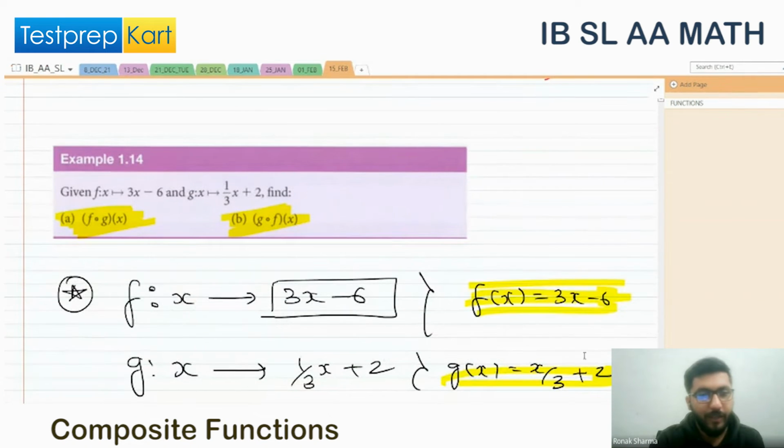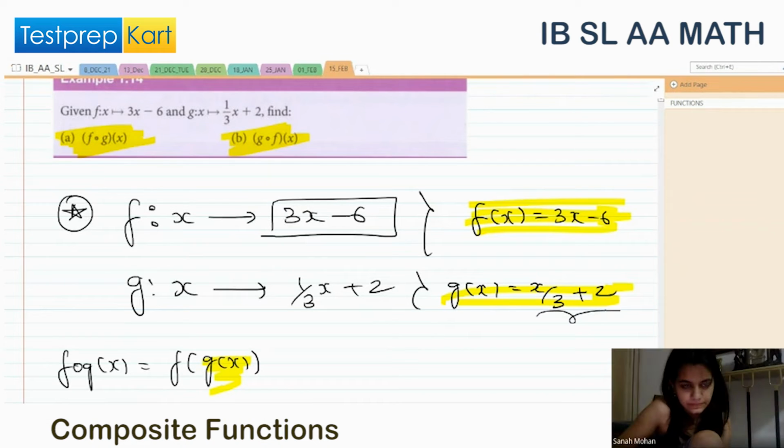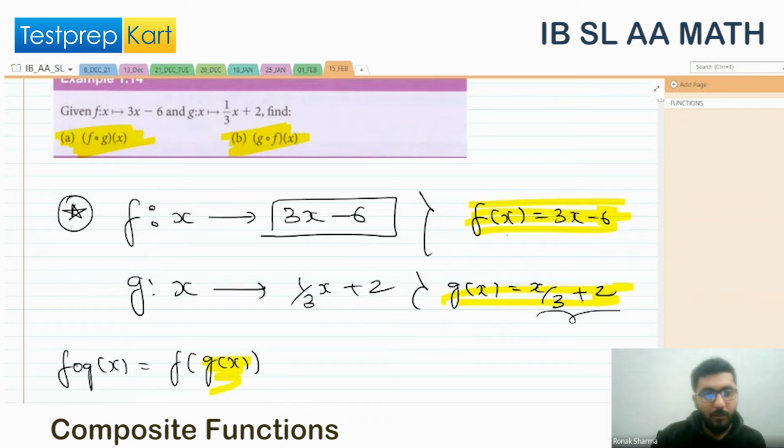See, you need to find f of g. So same thing. It will be f of g of x. That means you need to put g of x as an input. g of x is x by 3 plus 2, so that will go here. This will become 3 times x by 3 plus 2, minus 6.